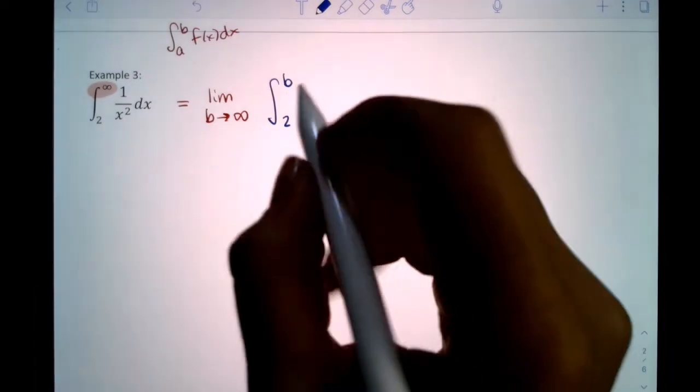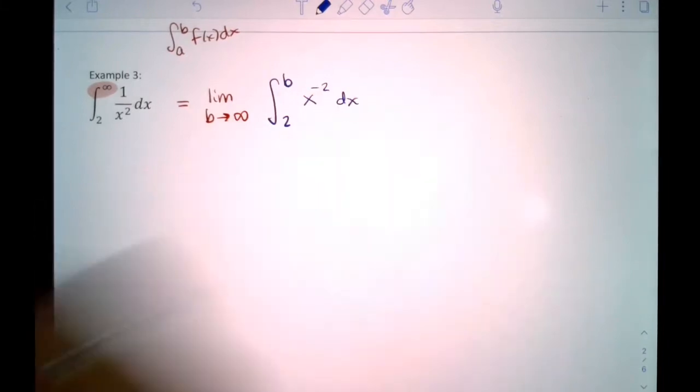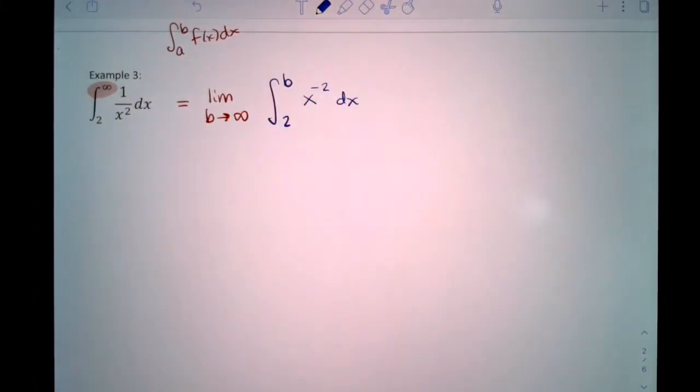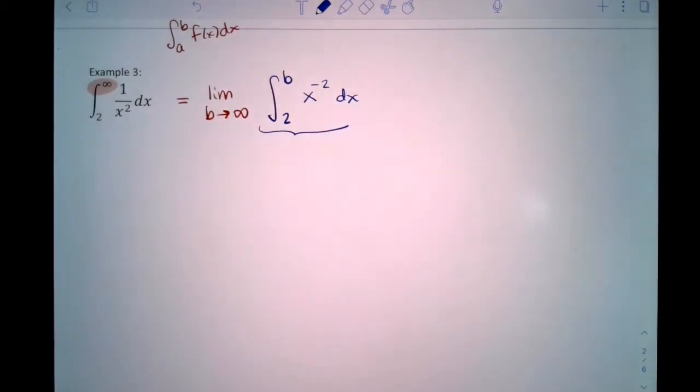What I'm also going to do is rewrite 1 over x squared as x to the negative 2. That's going to help me evaluate this integral. Now again, your job right now is to hone in on this integral that you're going to actually execute and find the antiderivative. You're going to pretend like there's nothing wrong with this at all.